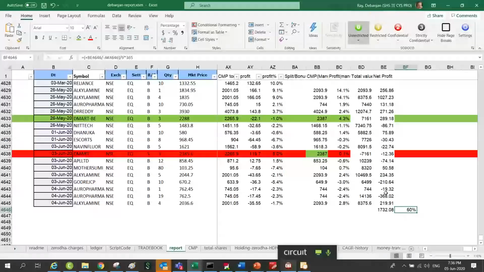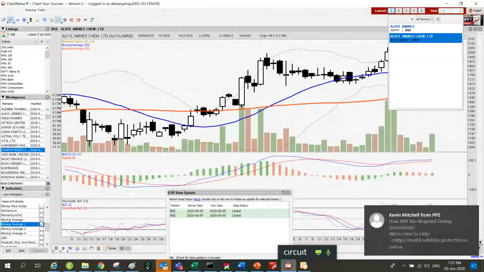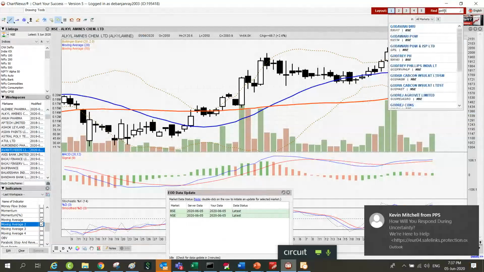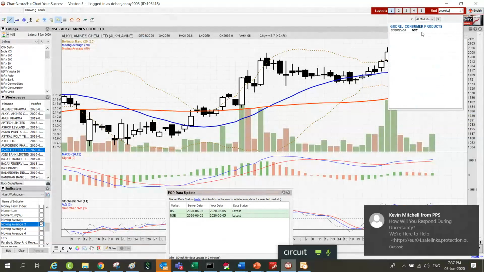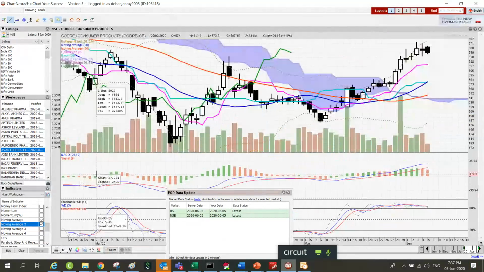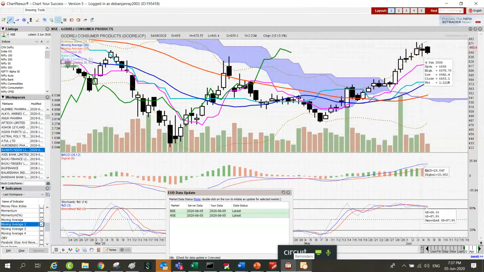You can see that this is the profit I'm making. Some of the stocks are going down also, say 3%, for example Godrej Consumer. But I'm very sure about Godrej. This stock has fallen because I picked it up just 2-3 days back, but this stock price will go up.